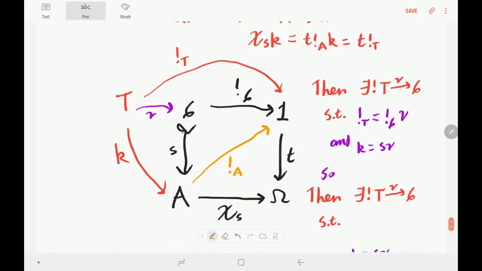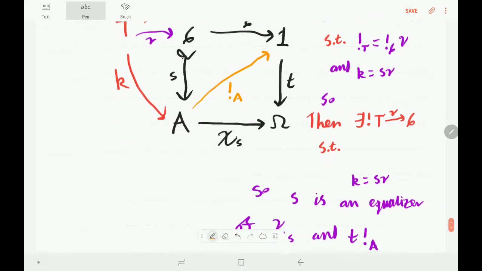And then, because we have a pullback, we have this unique V such that exclamation mark equals exclamation mark V after V. Well, that's automatic. And secondly, that K is equal to SV. So really we have a unique arrow V such that K is equal to SV. So that means that S is the equalizer that we claimed.